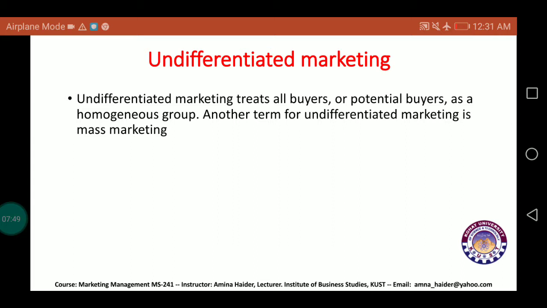For example, if Dalda cooking oil is providing only one category of product to the entire market, then it is adopting undifferentiated marketing strategy.